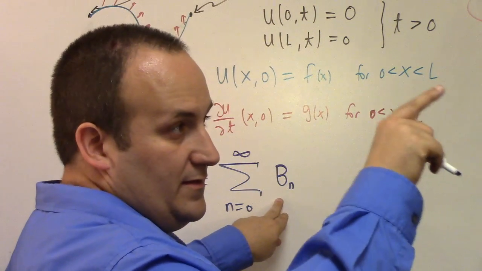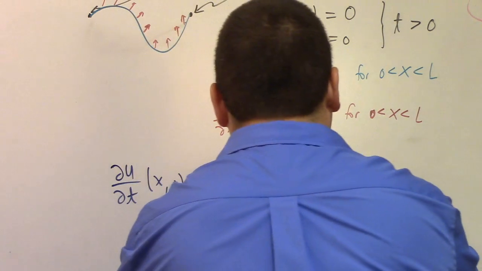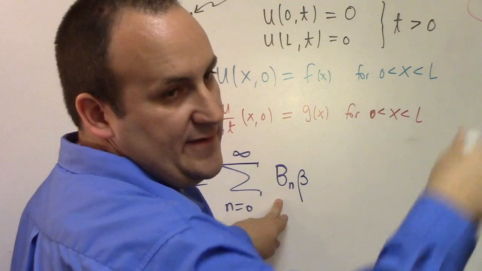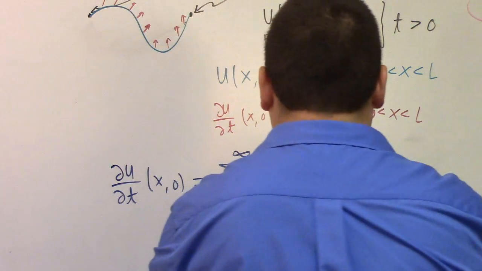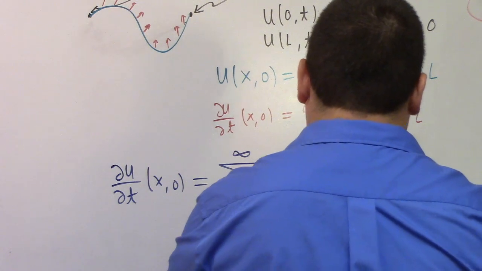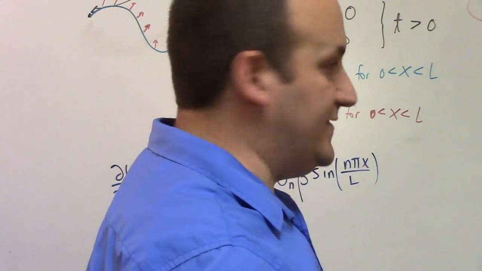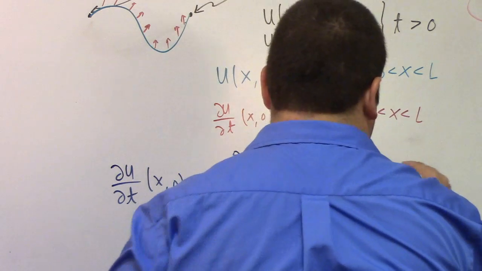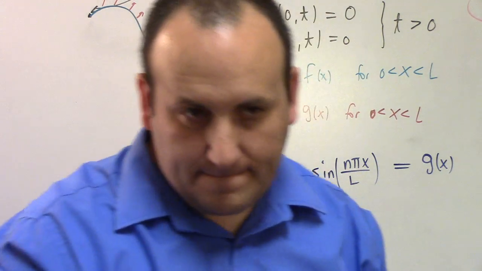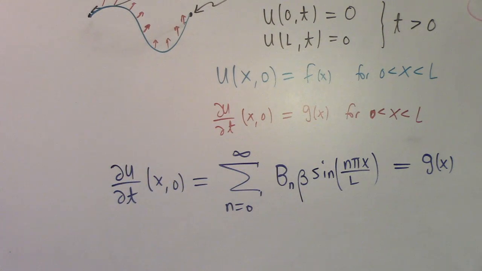So b sub n beta times the cosine of 0, which is 1, and then we still have the sine of n pi x over L. Now that's equal to what? That's equal to g of x.